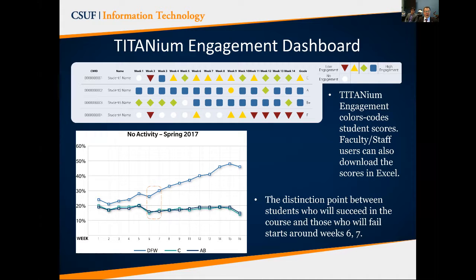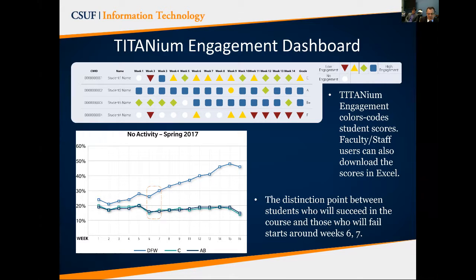This dashboard is available to them. We actually looked at spring 2017 data to see if these dashboards can be correlated to anything. When we look at the correlation to the grade, the grades at the bottom give you an assessment of our work.